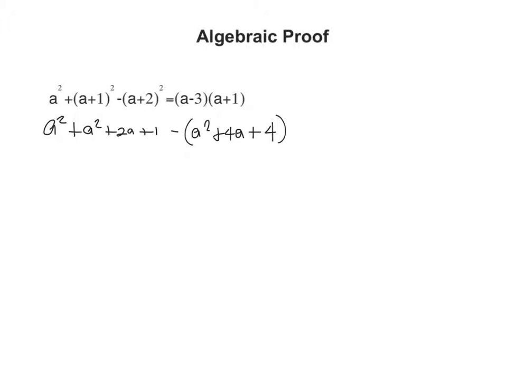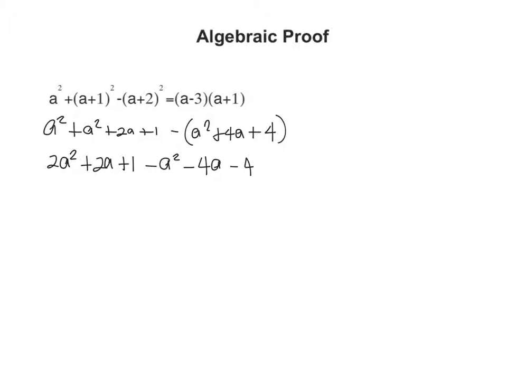And I need to prove that I'm going to get what's on the right hand side. Well, combine the things that are the same. So a squared and a squared give me 2a squared plus 2a plus 1. And then expand this bracket with that minus, gives me minus a squared minus 4a minus 4.